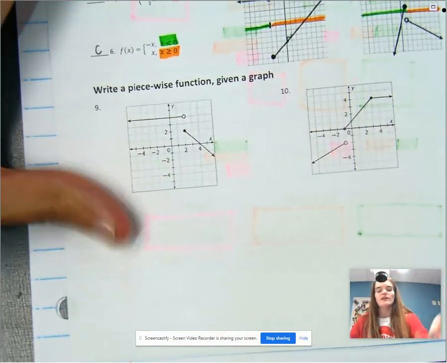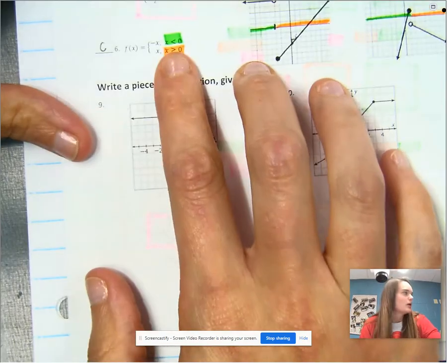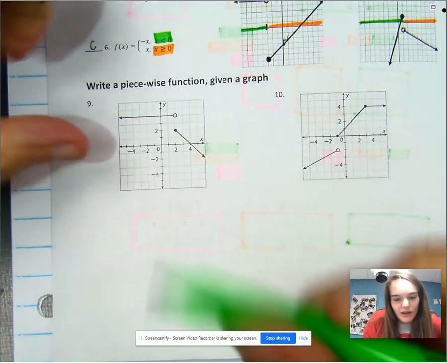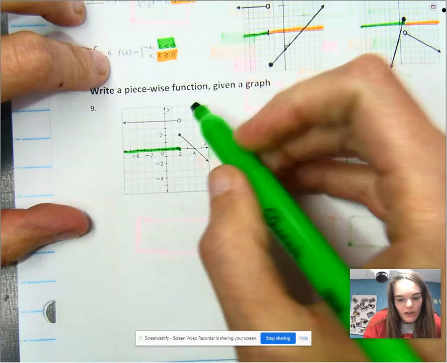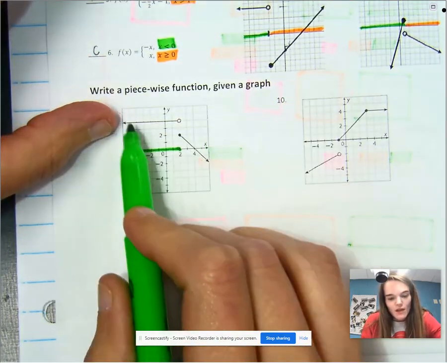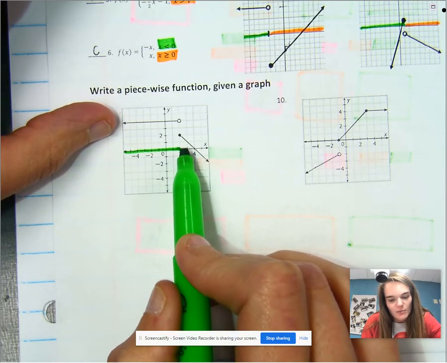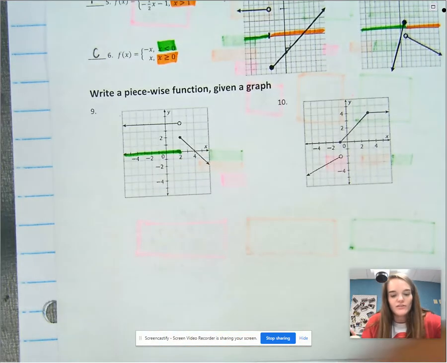So we are going to have to identify, first of all, the domain, which is this part right here. So let's do that first. So get your highlighters again. We are going to highlight this part. So the domain is the x values, of course. This graph starts in this direction and it stops at 2. Now, that is all of the values that are less than 2.